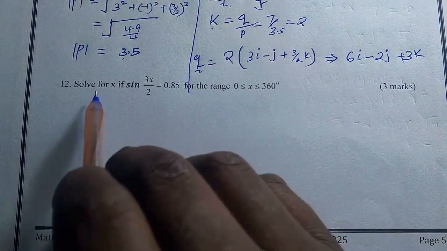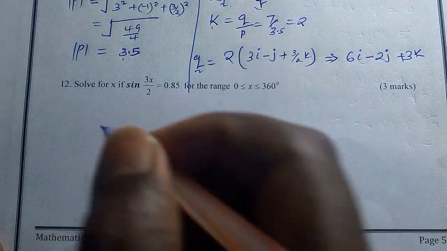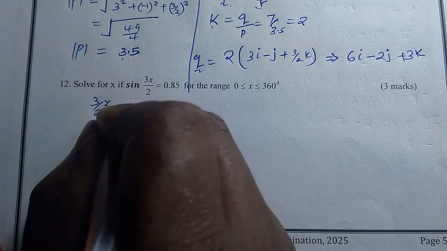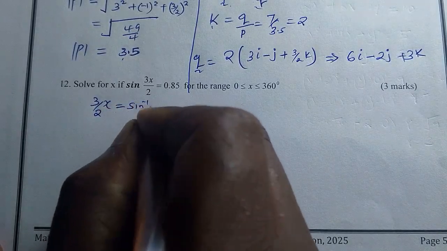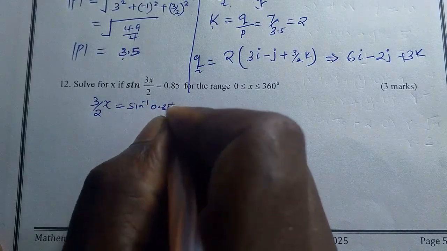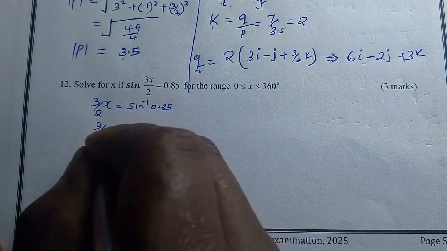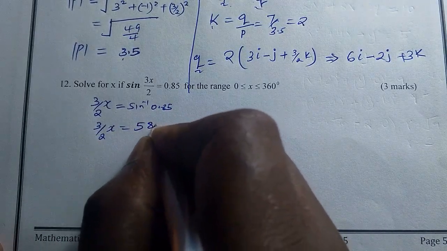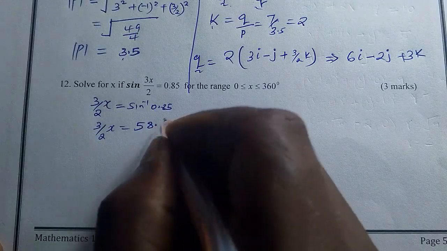Solve for x in this. So 3 over 2 x equal to sine inverse 0.85. Let's get the angle. So 3 over 2 x equal to 58.21.